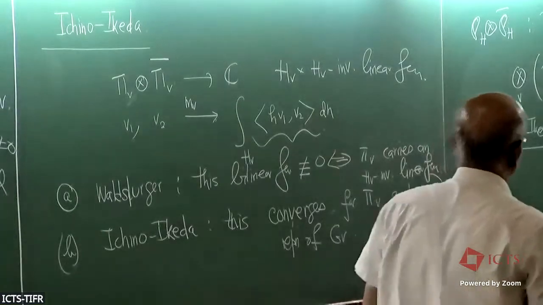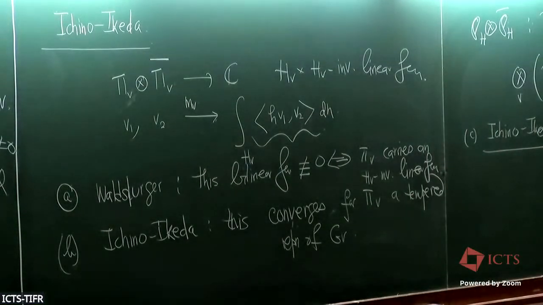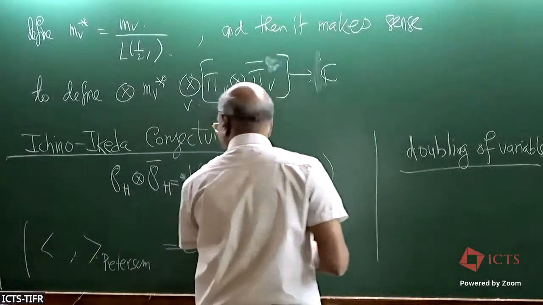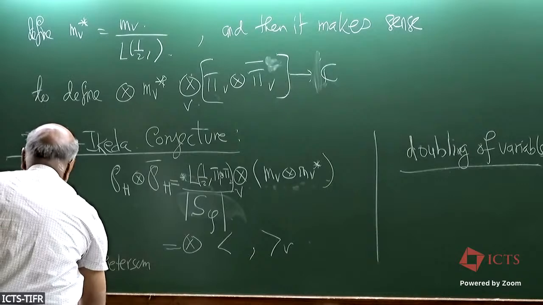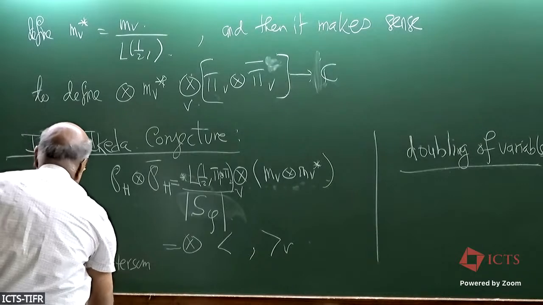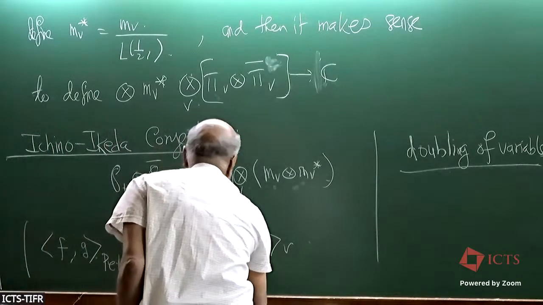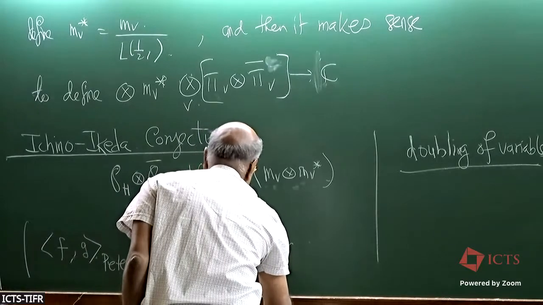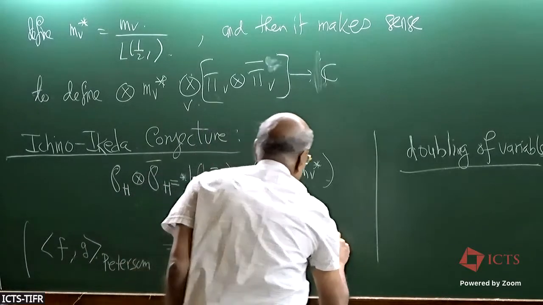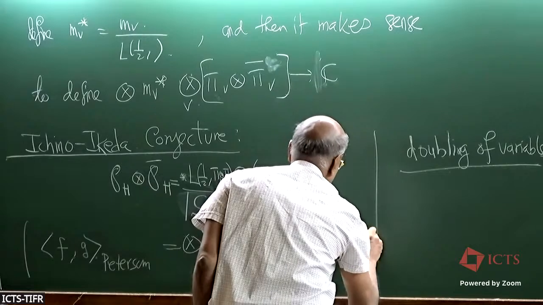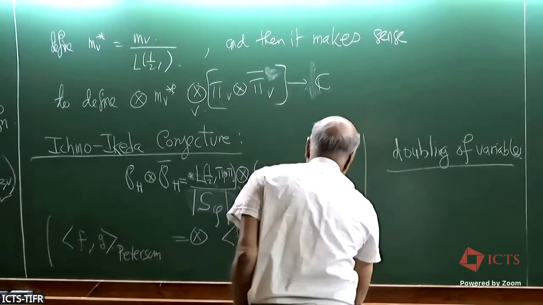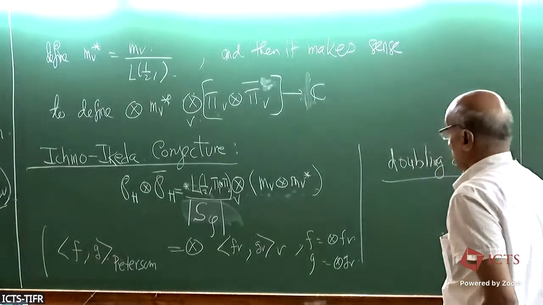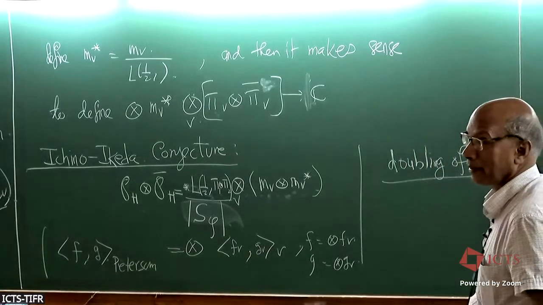In this normalization of the Petersson inner product as a product of local ones, what one means is that if you have global automorphic forms F and G, then this is equal to the product of the local pairings of FV and GV, when F is the tensor product of FV and G is the tensor product of GV.